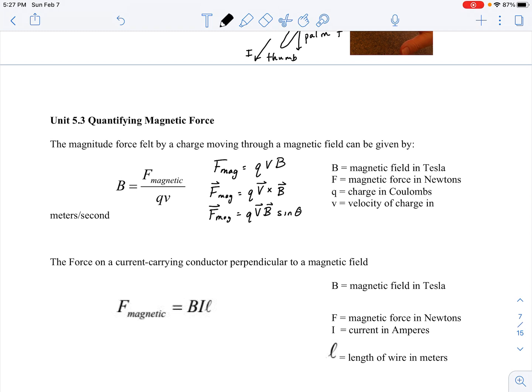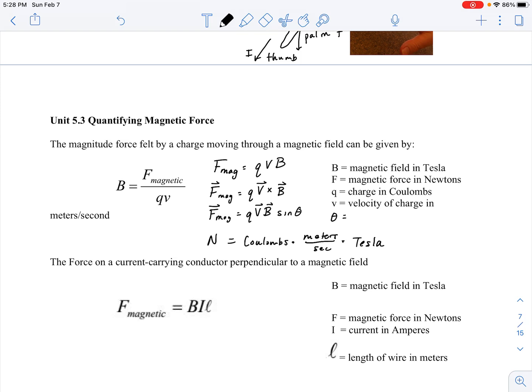So this force is measured in newtons. The charge is measured in coulombs. The velocity is measured in meters per second. And magnetic field is measured in Tesla, named after Nikola Tesla.